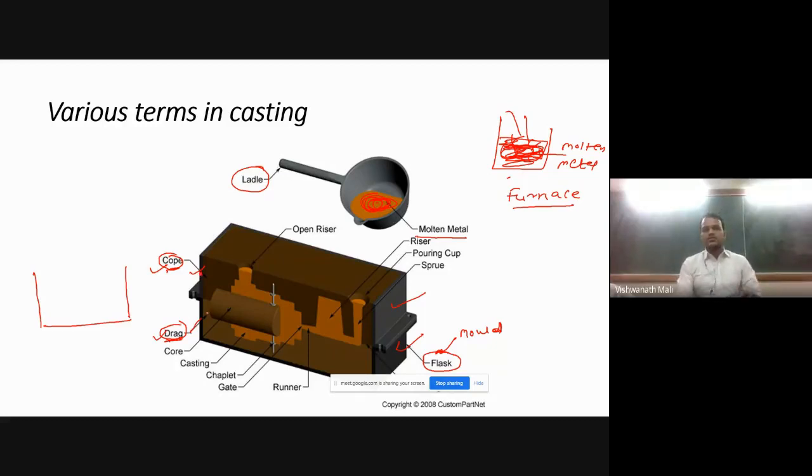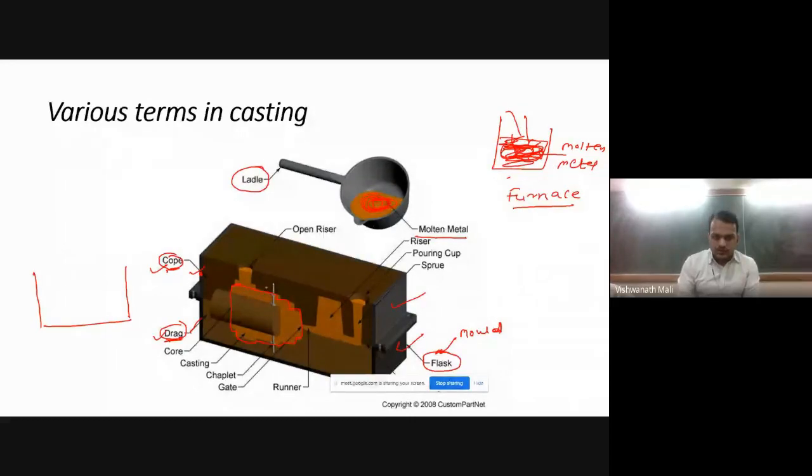So cope and drag. Then here the pattern is removed. So this part you can see. This is called mold or cavity in which we pour the molten metal, right?